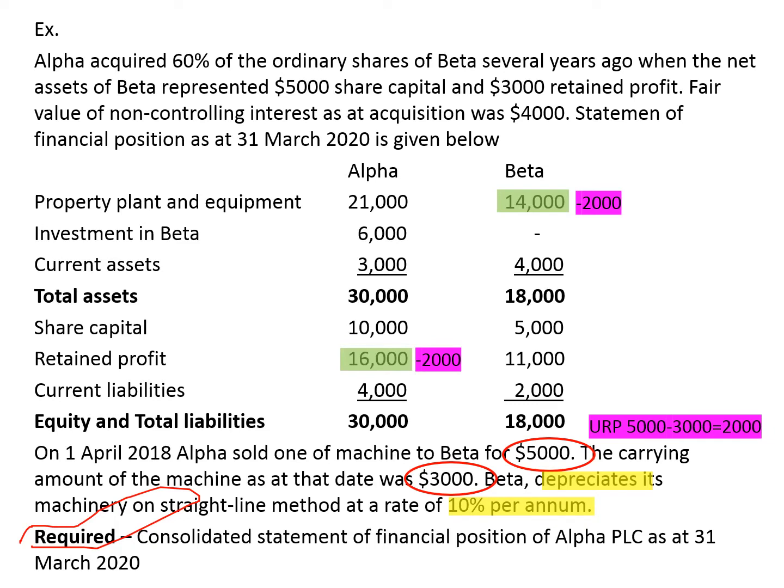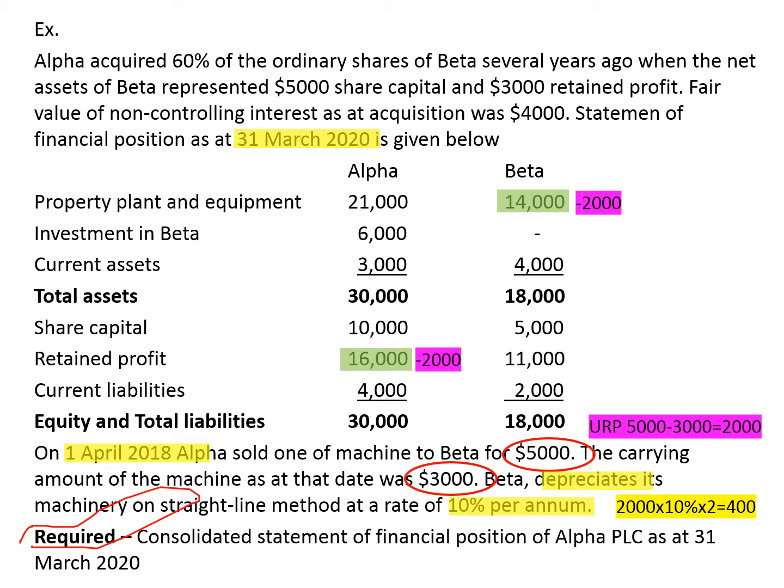How many years Beta has depreciated? You can see Beta has acquired this machine 1st April 2018. Now the reporting date is 31st March 2020. So Beta has depreciated this machine for 2 years. So what is the total depreciation Beta has charged to its retained profit? 400.